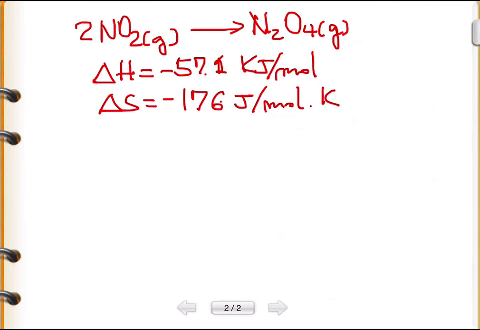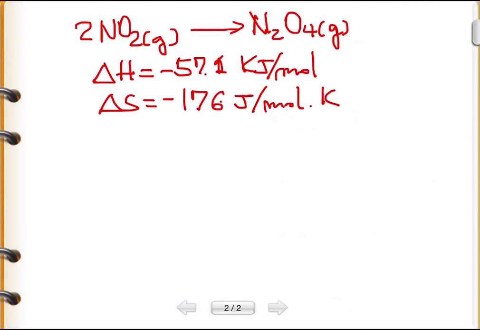Typically, entropy is a small number, so it's not given in kilo, but rather in joules. So this type of reaction can be spontaneous or non-spontaneous, depending on which one is going to have the larger contribution, right?